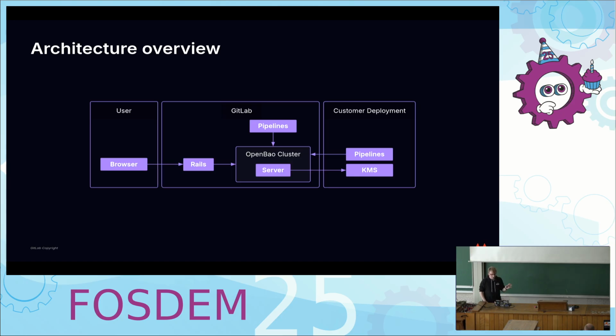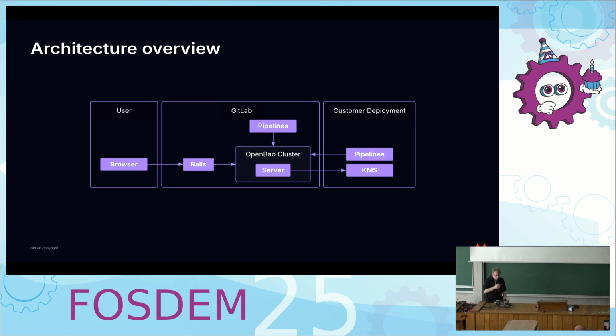But we get a very clean trust separation here between three key entities, between the pipelines, which talk to OpenBao directly to fetch secrets, between Rails, which talks to OpenBao in a more privileged manner, but which never reads secrets. And obviously, OpenBao is self-contained and the source of truth for all authorization to secrets and the actual storage of the secret.